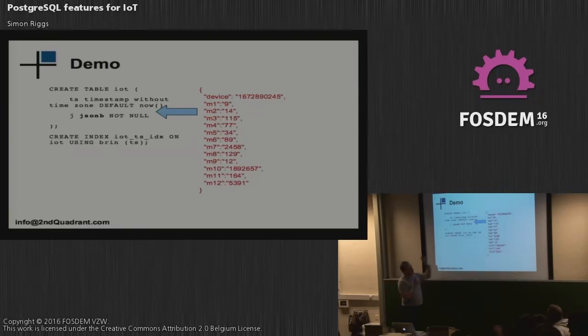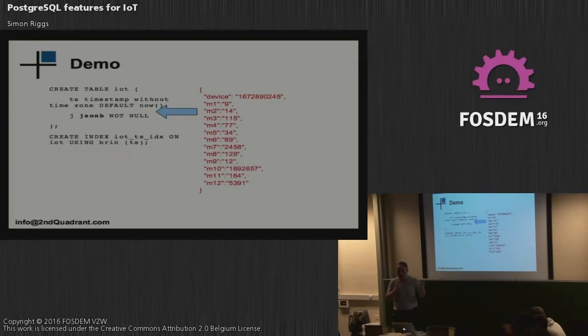And into that simple table, I've got a pretty simple blob of JSON, which has got a field called device, which has got a number, and then 12 things that I'm calling measures, but obviously they could be temperature or position or air pressure or anything you wanted that to be.